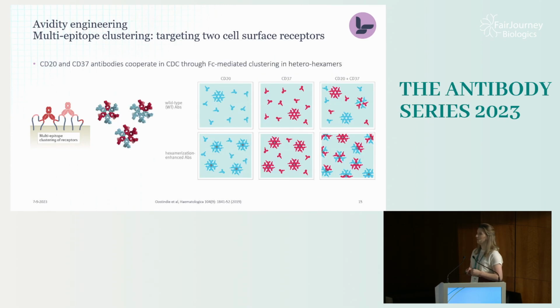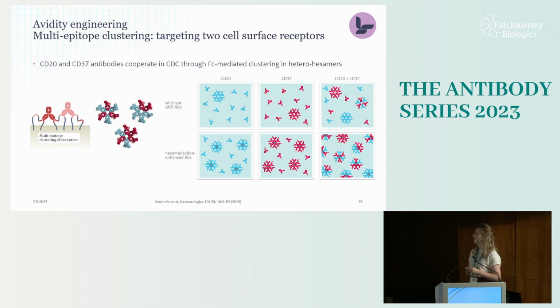So co-localization is one thing, but how close, how do they look? We know that with hexamerization-enhancing mutations, you get these hexamer clusters. I won't be able to show you the details, but we've done some mutational studies where we introduce single point mutations in the Fc domain to inhibit self-oligomerization and promote hetero-oligomerization when we combine the antibodies against the two different targets.